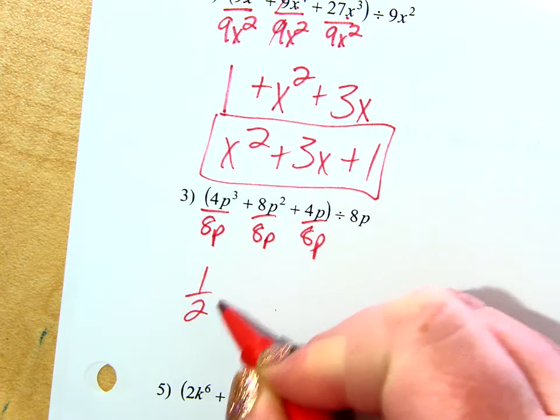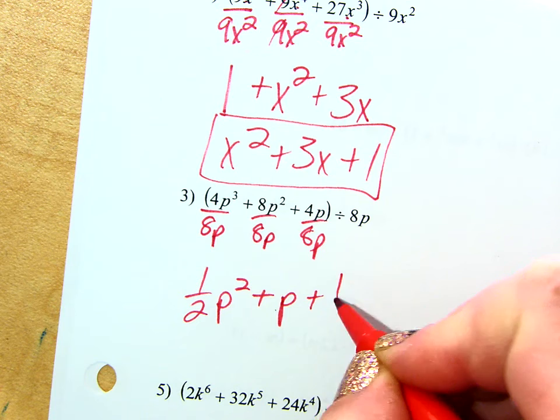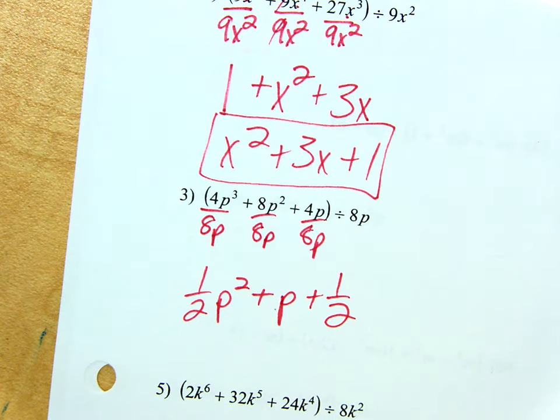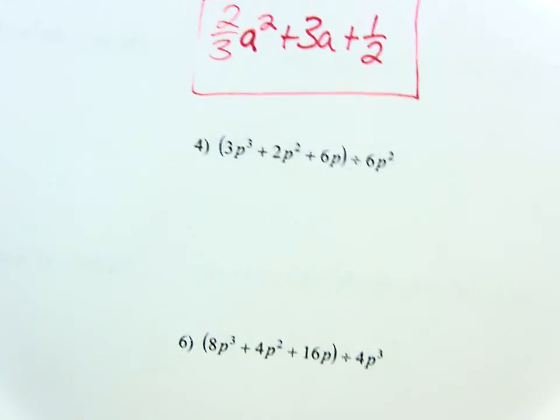You said 1/2 p squared plus p plus 1/2? Yeah. What do you guys think? I agree. Let's say, it can't be this easy. Well, 4 is going to throw a wrench in our plans. Just a little one, though.